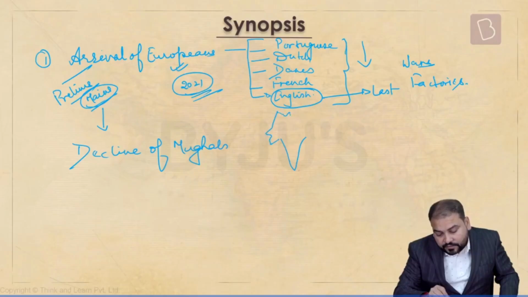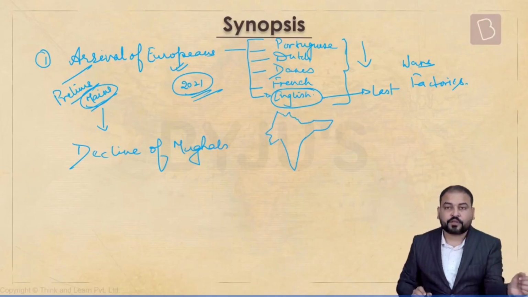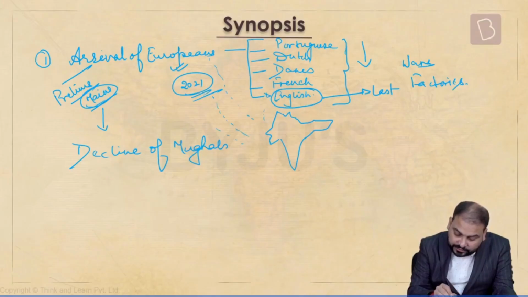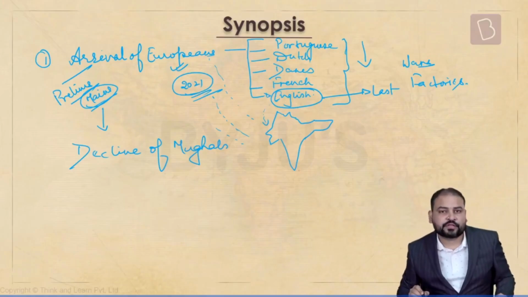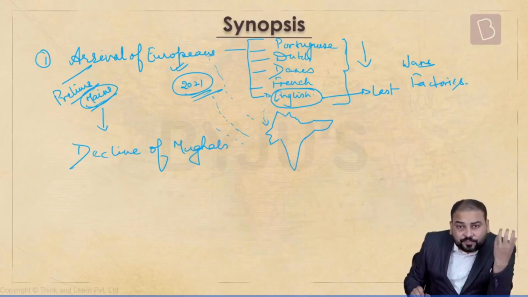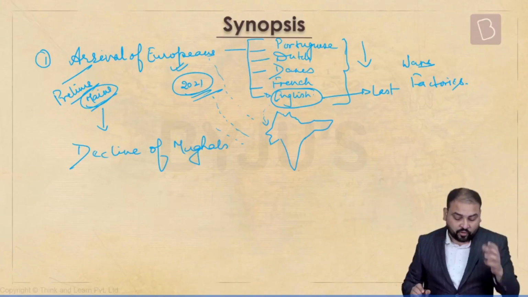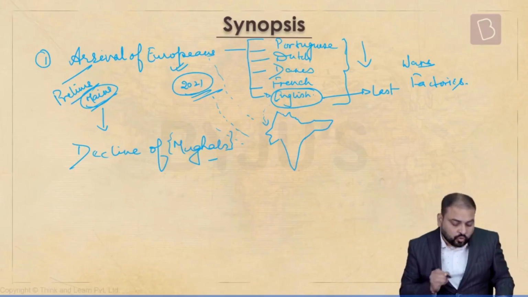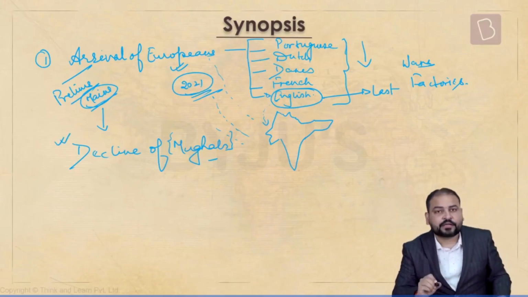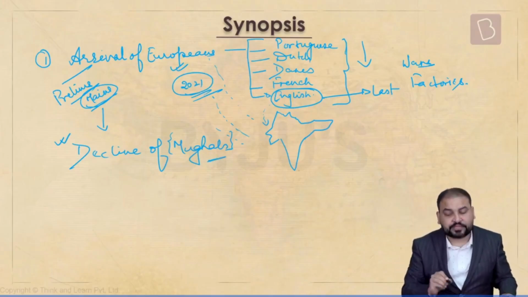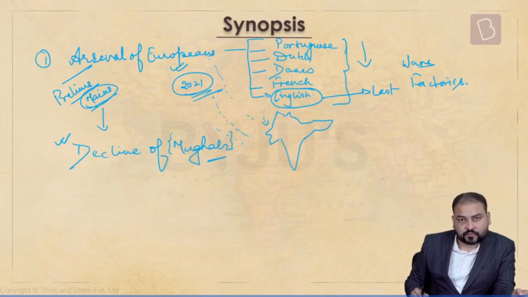If let's say this is our country, these Europeans are arriving, and as we know, these English will start ruling over us. Invariably, they need to create some space for them, and already these Mughals are ruling us. So only when the Mughals decline, somebody else will come. So we shall see the decline of Mughals over here.